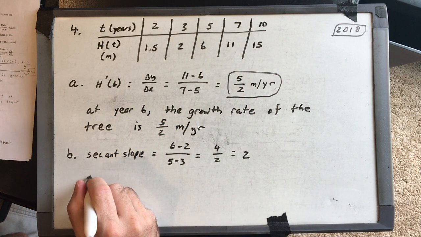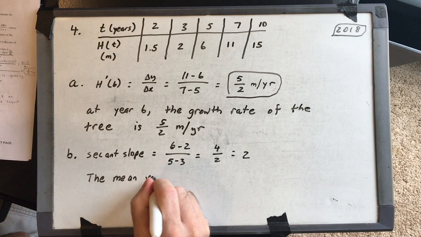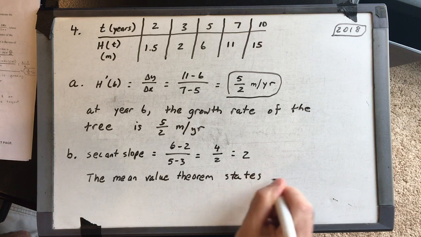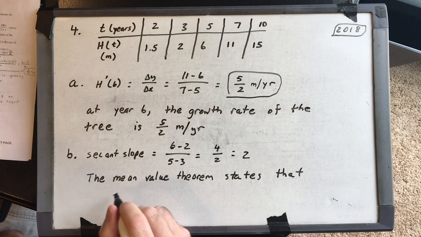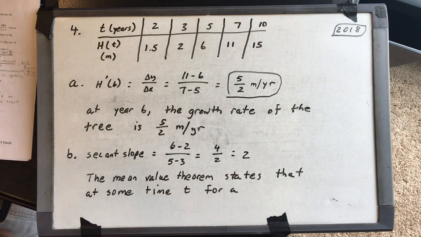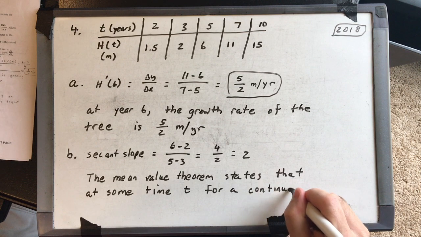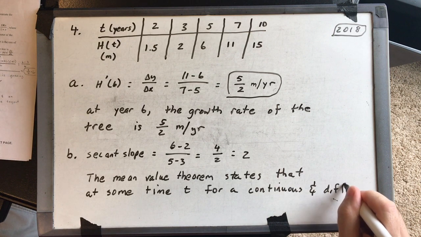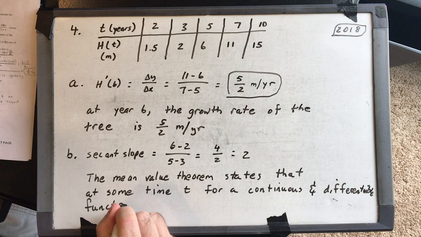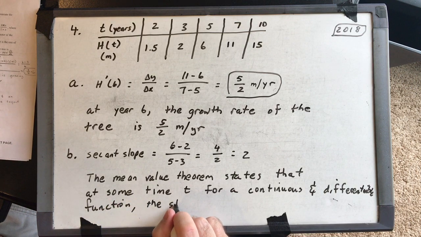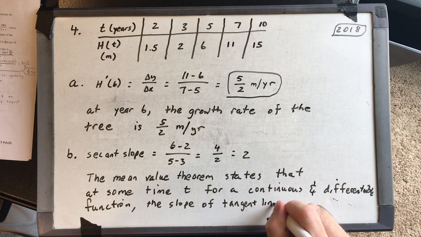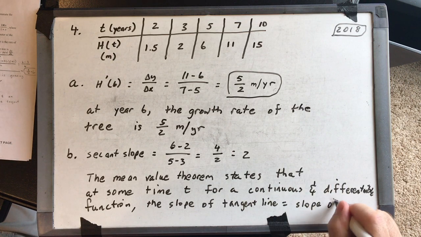So the mean value theorem states, and they're going to want to see this written out, that at some time t, for a continuous and differentiable function, the slope of the tangent line equals the slope of the secant line.